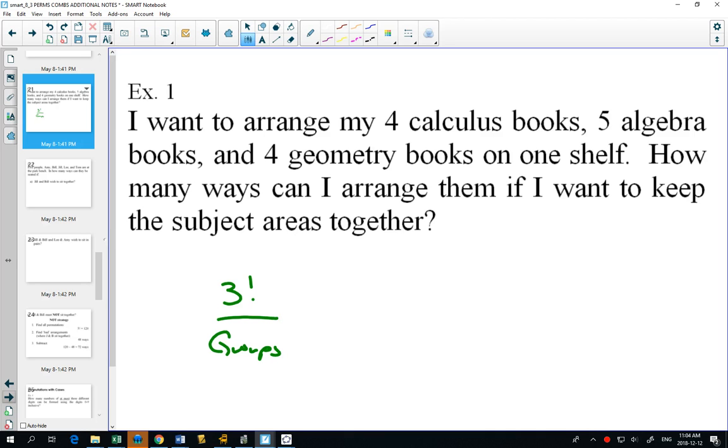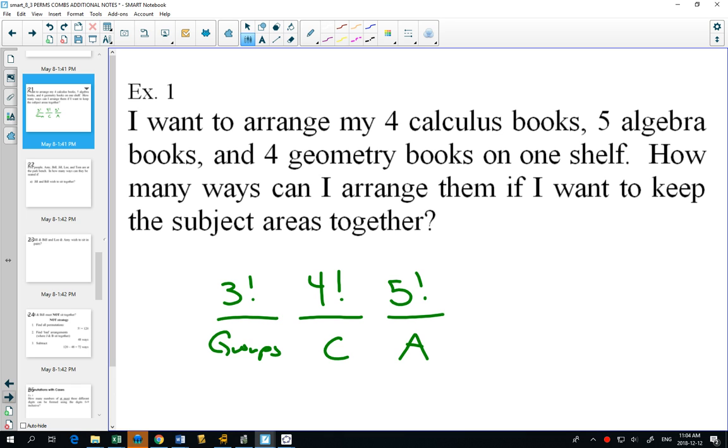Then once I've decided which group goes first, which group goes second, which group goes third, my next decision is how many ways can I rearrange my calculus books? My calculus books, there's 4 of them, they can be arranged in 4 factorial ways. How many ways can I arrange my algebra books?